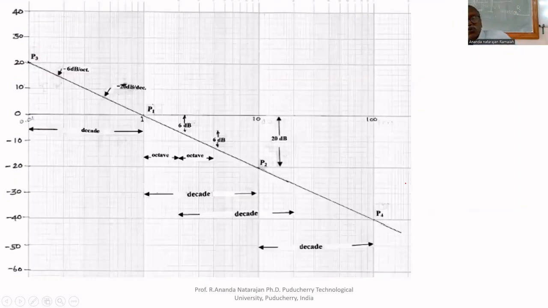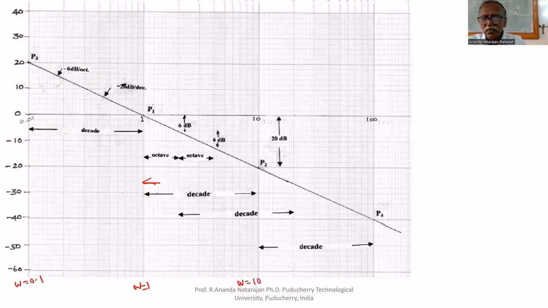This is to know about the plot. Already I told you about the distance. This is omega equal to 1, this is omega equal to 0.1, this is omega equal to 10, here omega equal to 100.